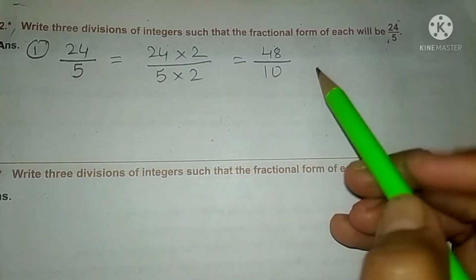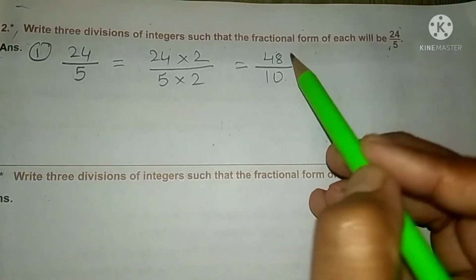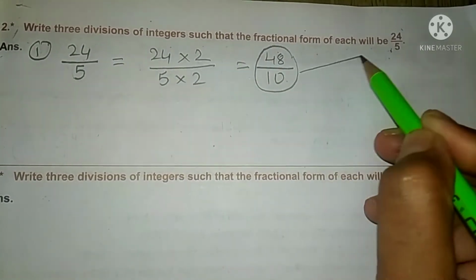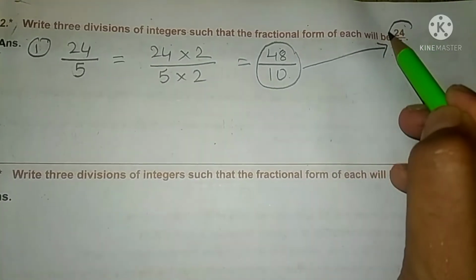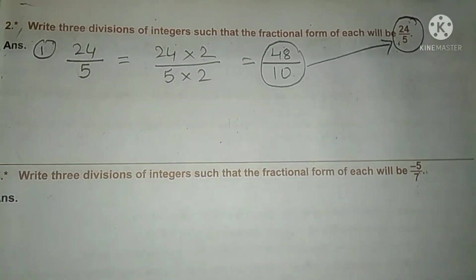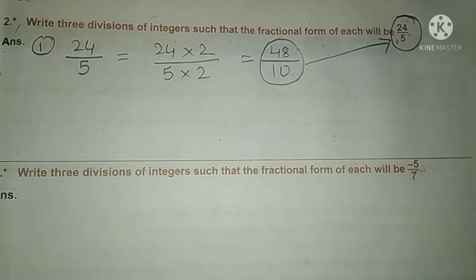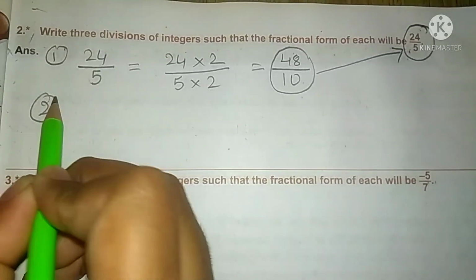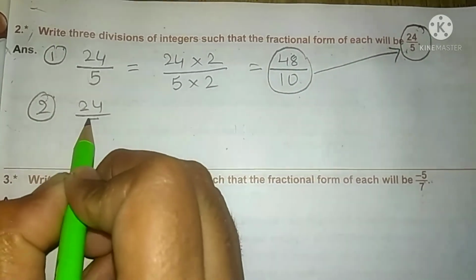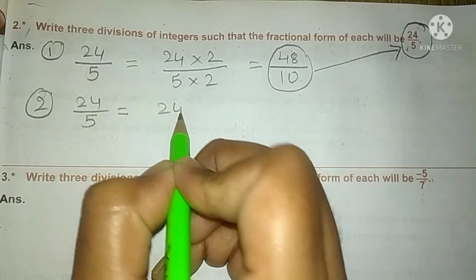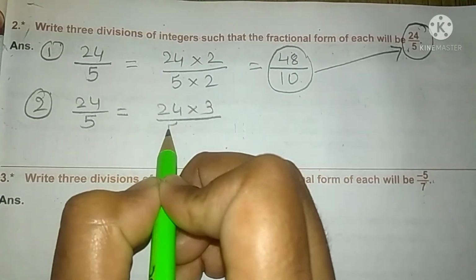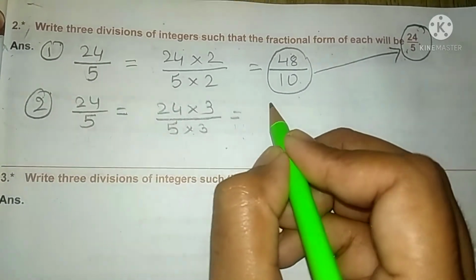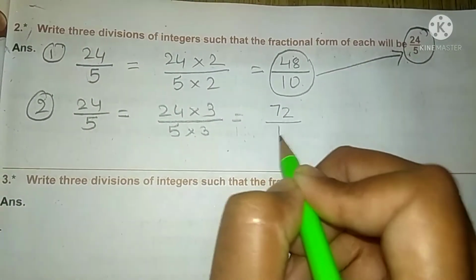Now students, if you divide this 48 upon 10, what will you get? Your answer is 24 upon 5. Clear? So our first number we have got is 48 upon 10. Now for the second one, we again take the same 24 upon 5. So 24 multiplied by 3 and 5 multiplied by 3. What you will get over here is 72 upon 15.